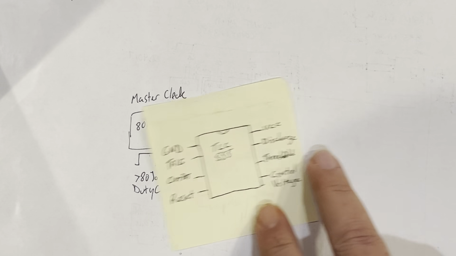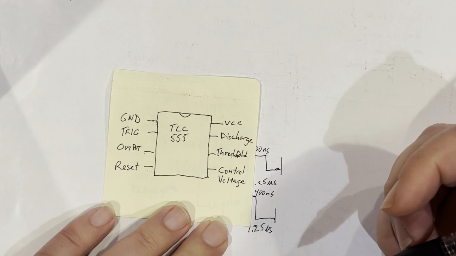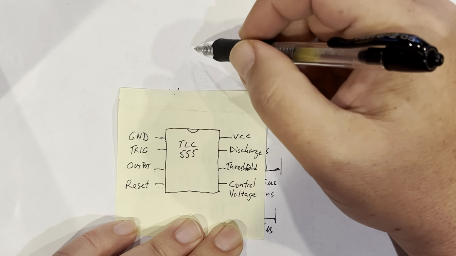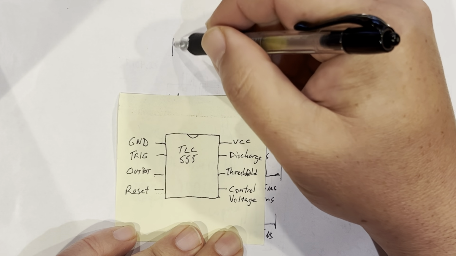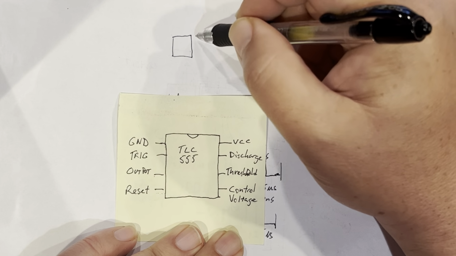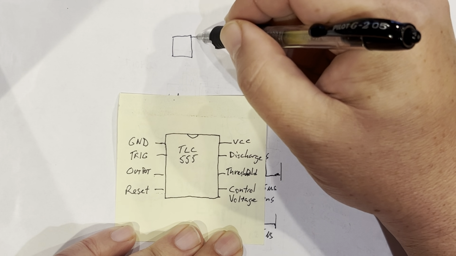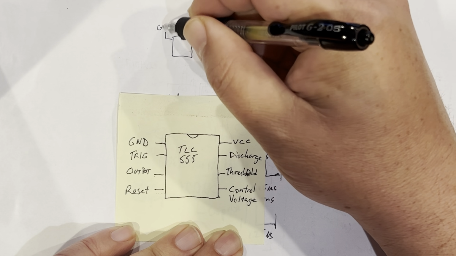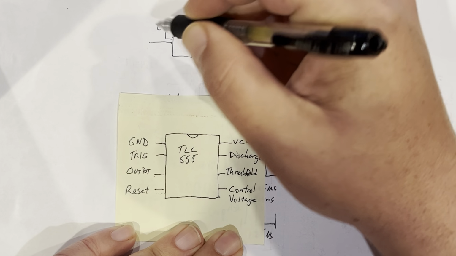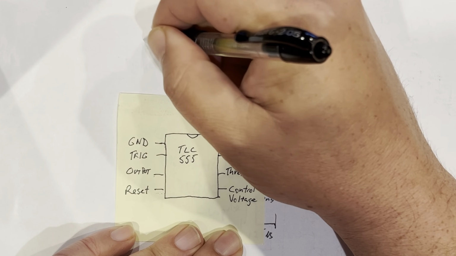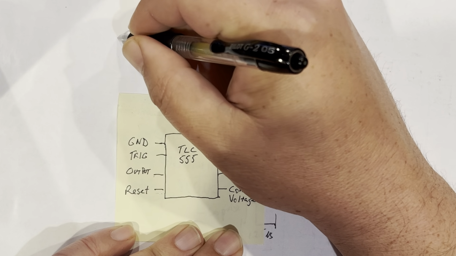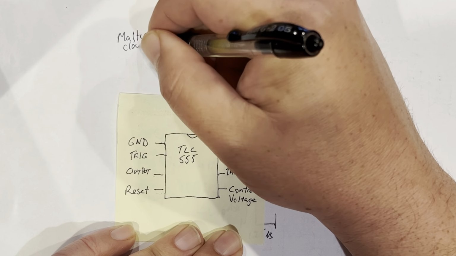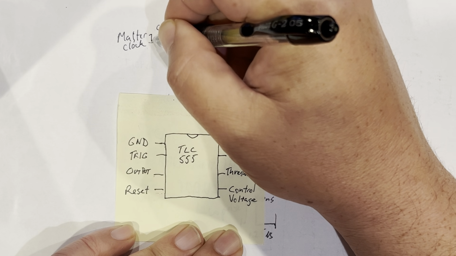And here's once again, the 555 timer, the TLC 555 timer. And to wire it in monostable mode, pin 8 goes to VCC, pin 1 goes to ground, pin 2 is our trigger from the master clock, and pin 2 gets triggered on a low pulse.